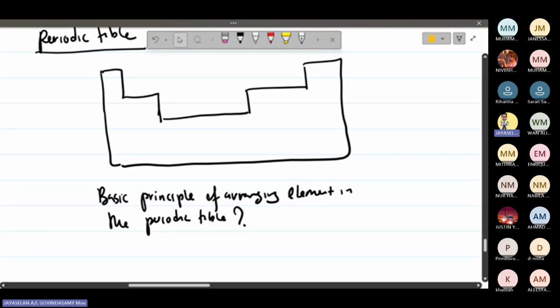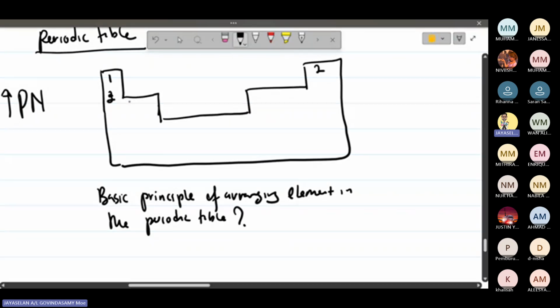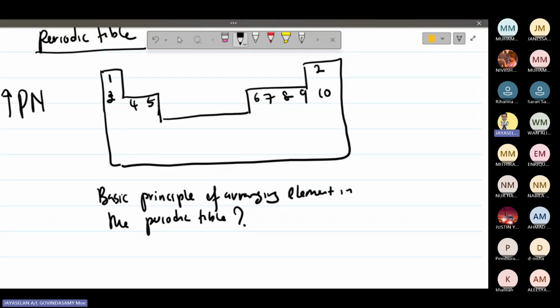So ingat, the periodic table is arranged based on Pn, proton number. Increasing order of proton number. Ini proton number 1, proton number 2, proton number 3, 4, 5, 6, 7, 8, 9, 10, like that, 11, 12, 13, 14, like that.